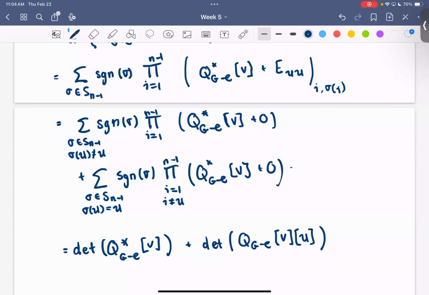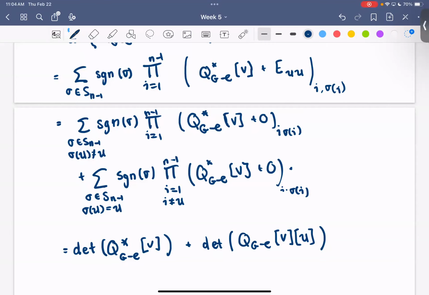And then we have this additional term corresponding to when I is equal to U. We need the indices here. So in the UU entry, we're going to get a 1.